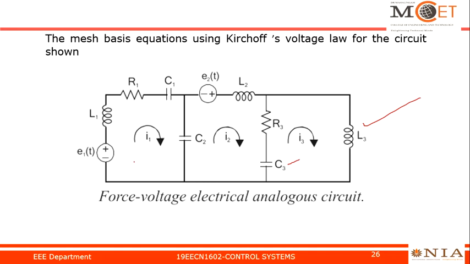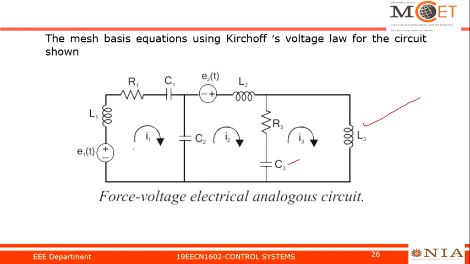If I have two loops, I should have two masses, two inductors, since the masses represent the nodes. So L1 is for the first mesh, that is the first node in mechanical.